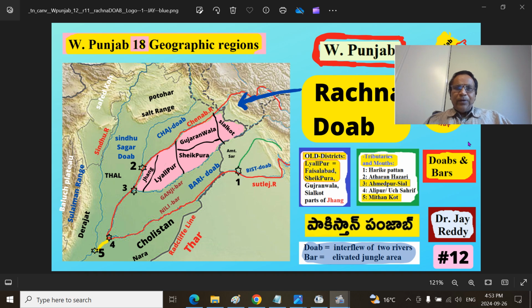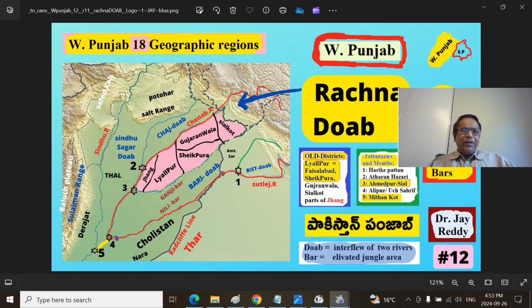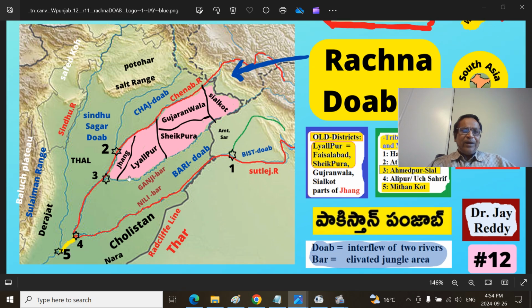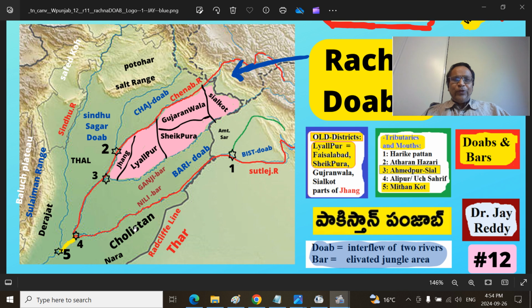Broadly, this is the Panjnad, which collects the water of all the major five rivers. The Beas River joins the Sutlej at Harike Pattan, number 1 here, represented as the Sutlej River here. It gathers the waters of the Chenab at number 4, Alipur, Uch Sharif here.